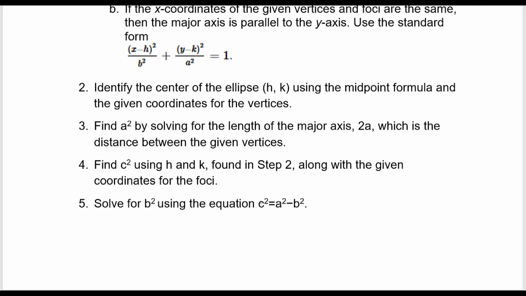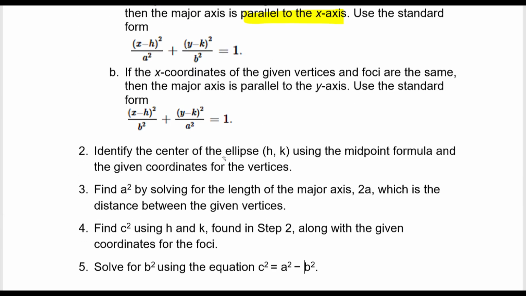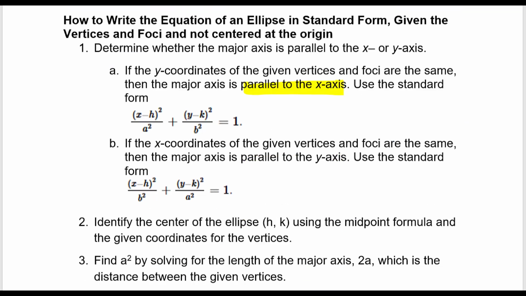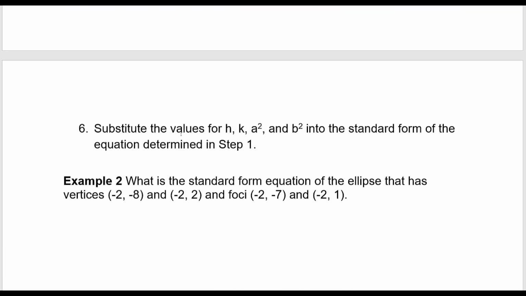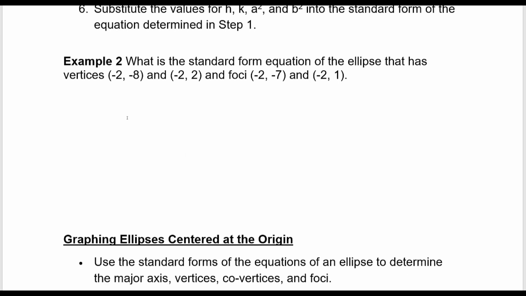Solve for b squared using the equation c squared equals a squared minus b squared. Oh, there's a sixth step. Boy, it would be nice if those could all be on the same page, but I guess they're not. Okay, substitute the values for h, k, a squared, and b squared into the standard form of the equation and go to town.